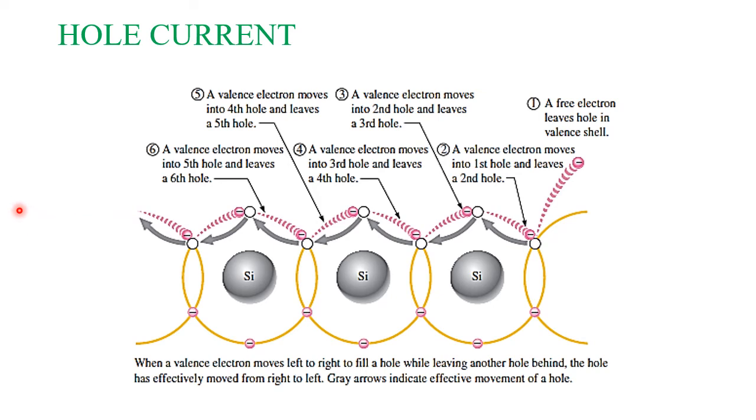Similarly, it leaves a seventh hole, eighth hole, ninth hole. So on one side you can see the movement of electrons, but similarly you can also note down the movement of holes. This is the hole movement in the valence band, and this is called hole current.